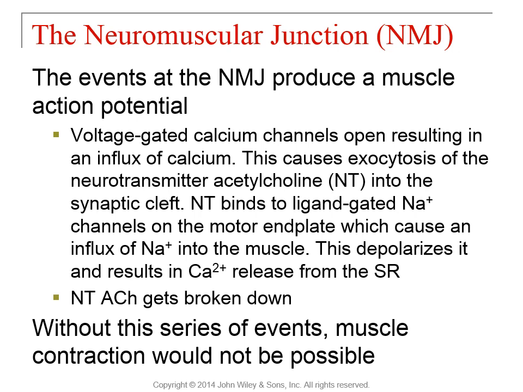That's basically where the muscle begins and the actual axon ends, which will cause an influx of sodium into the muscle. That causes depolarization, and that allows the calcium release from the sarcoplasmic reticulum from the terminal cisterns. And then this whole process gets reversed again as the neurotransmitter gets broken down by acetylcholinesterase.